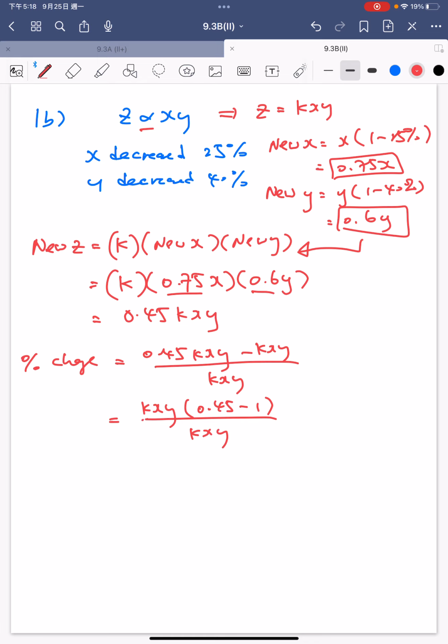Now the numerator and the denominator have the same common factor, so we can eliminate it. The answer will be negative 0.55, which as a percentage is negative 55%. I think question C is similar, so just do it by yourself. The answer for question C will be negative 40%. So let's see, can you do it by yourself?